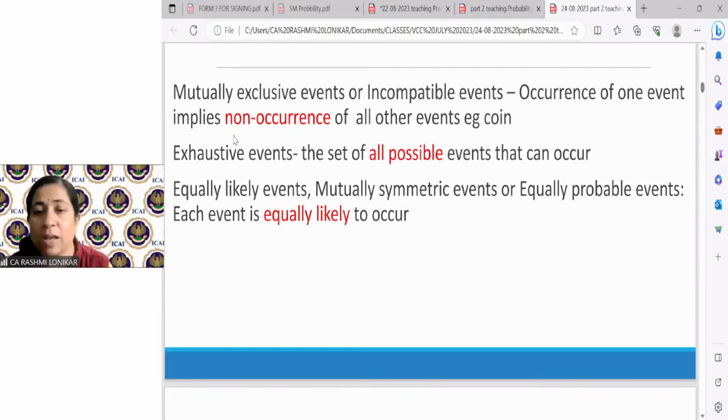Equally likely events, mutually symmetric events, or equally probable events means that each event is equally likely to occur. So when I am tossing a coin or rolling a dice, getting a 1 or a 6 on the dice is equally likely. That is the meaning of those words.